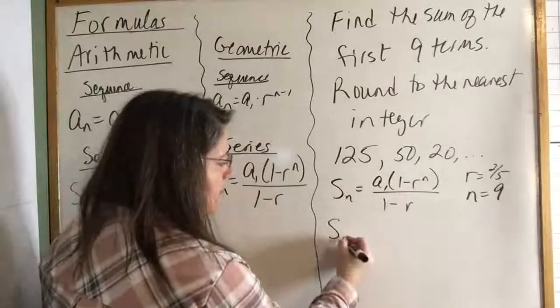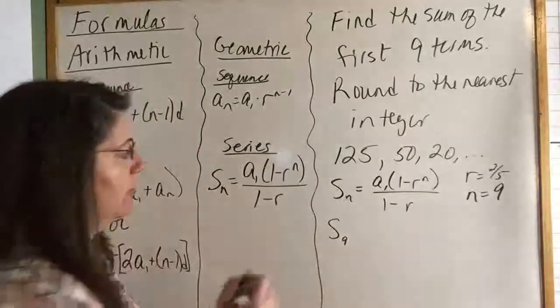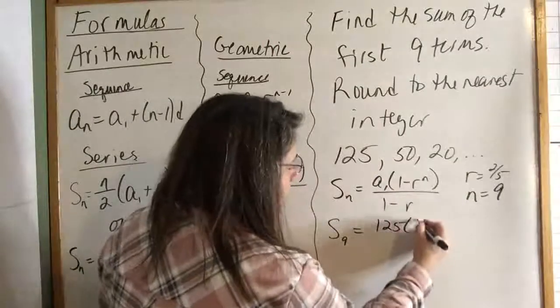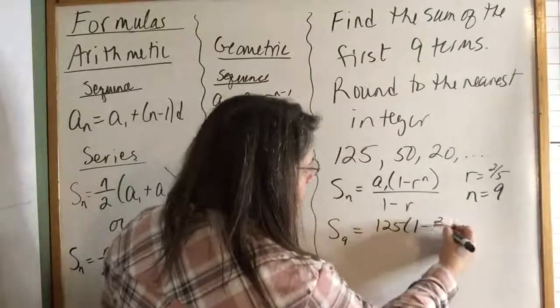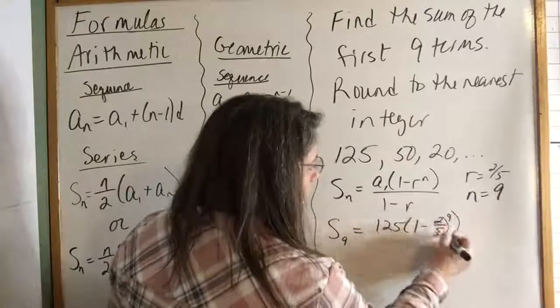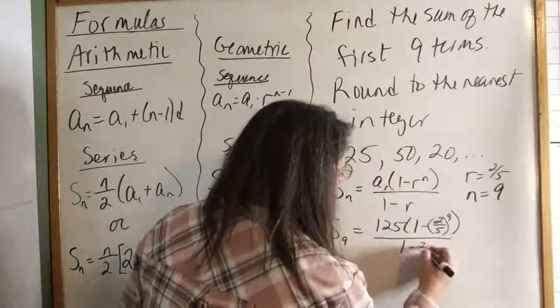So S sub 9, 9 is my n value, that's how many terms I'm adding together, equals a sub 1 is 125. We've got 1 minus r is 2/5, and that r value is to the 9th power. I will put that in parentheses. And then that's over 1 minus 2/5.